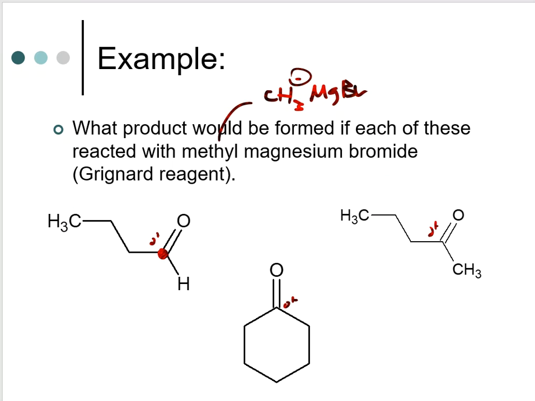So that negative is going to attack right there. That is going to be the addition of the CH3, and then this double bond breaks to a single, and we just have one single bond to that oxygen, and we can leave a negative there. However, to be honest with you, they are probably assuming that there is a proton at play, so we just need to go ahead and put the hydrogen there in that spot.